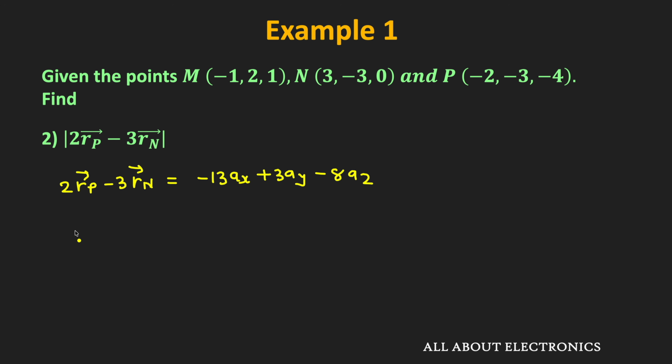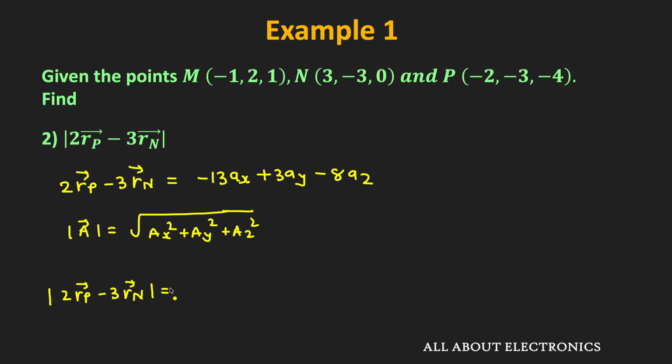In general, we know that the magnitude of any vector A can be given as the square root of ax square plus ay square plus az square, where ax, ay and az are the x, y and z components of the given vector. In this case, the magnitude of 2rp minus 3rn is equal to the square root of minus 13 whole square plus 3 whole square plus minus 8 whole square.